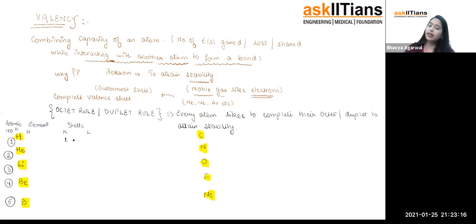He represents helium. H represents hydrogen. Since helium has only 2 electrons, these 2 electrons will again lie in the K shell, right?